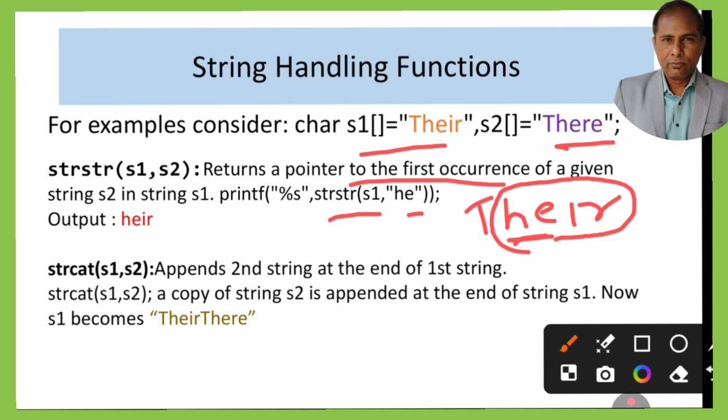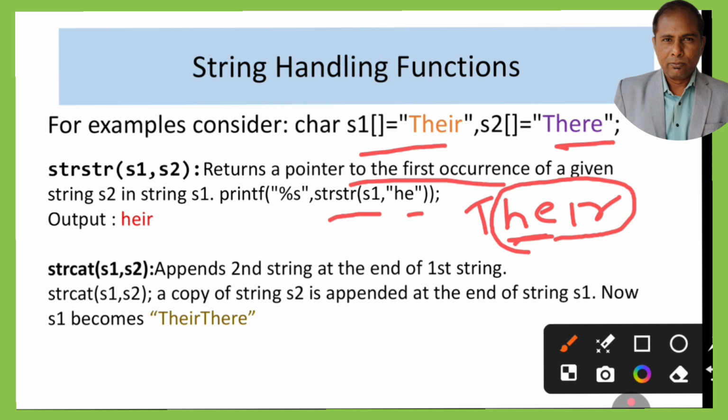Then another function I have here is strcat. cat means it will append string 2 to string 1. So strcat means concatenation, which means it will combine both the strings.